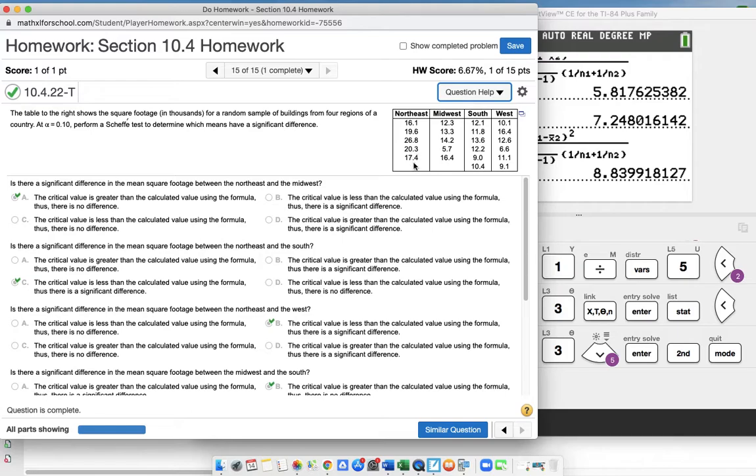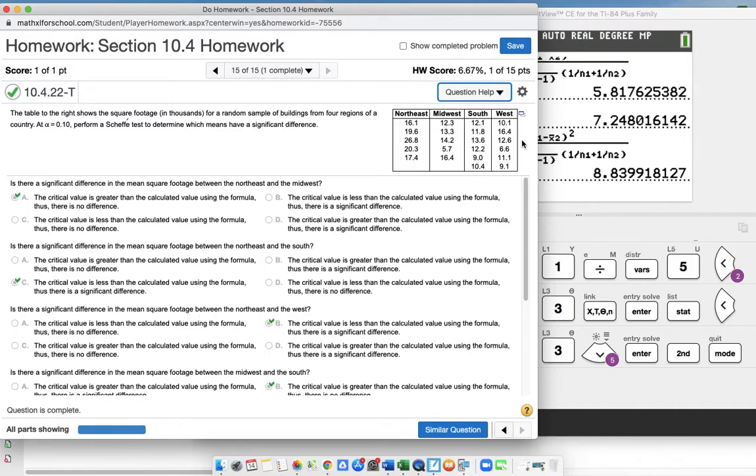But there is a significant difference between northeast and south. My guess is just because you add one more piece of data, that's going to affect it that much more for this value here.